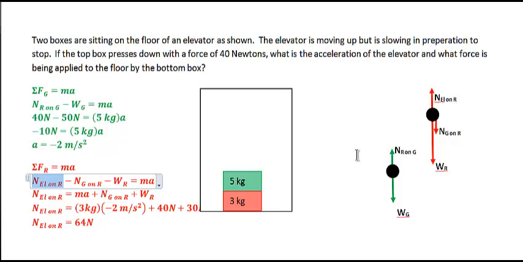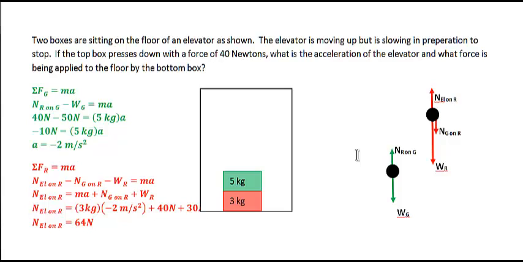Well, the problem said green on red too. That's the 40. Plus the weight of the red is 30 newtons. That's hidden behind that box, and I don't suppose I can fix that right now. And so this is minus 6 newtons plus 40 plus 30, and that's 64 newtons. And that is the force that it pushes down on the floor with.